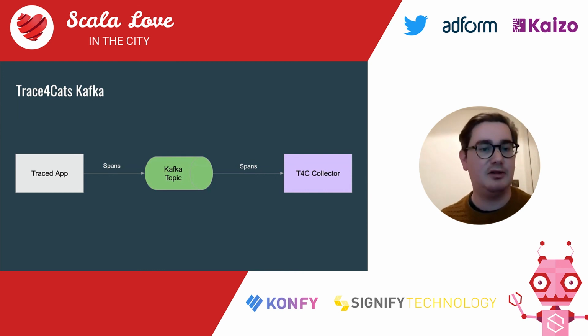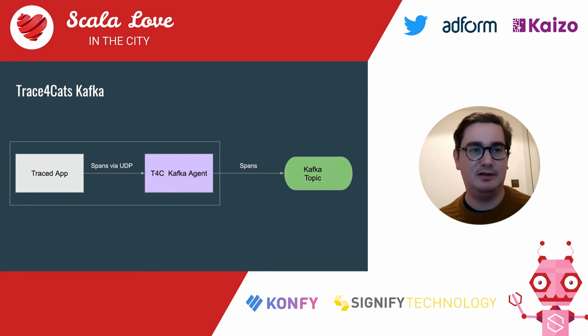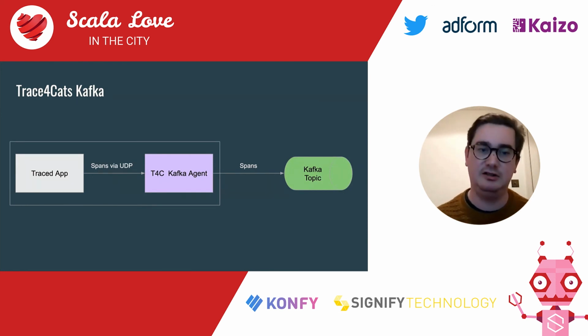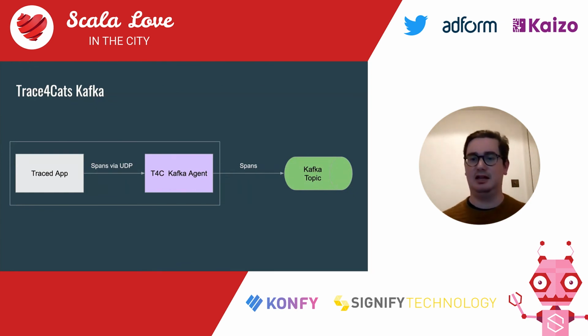So you can send directly from your app to Kafka. Alternatively, if you don't want to have a dependency on the Kafka client, or it's clashing with the client version that you're using, again, you can use an agent to send spans onto the Kafka topic.